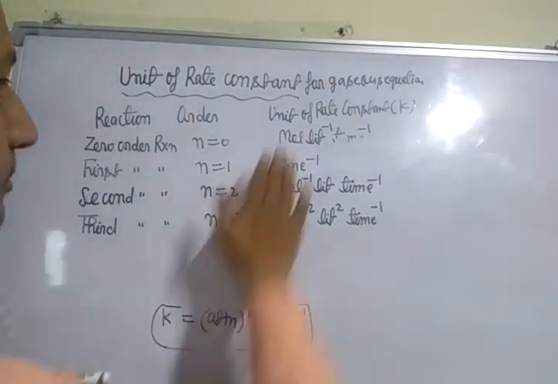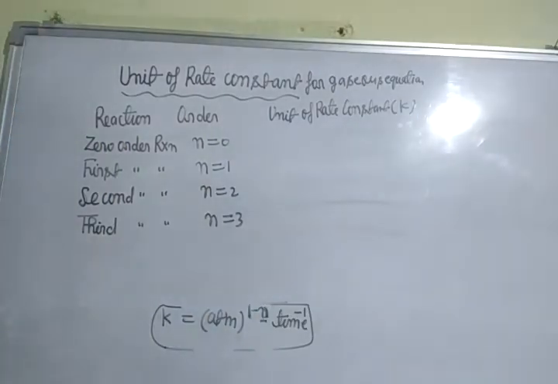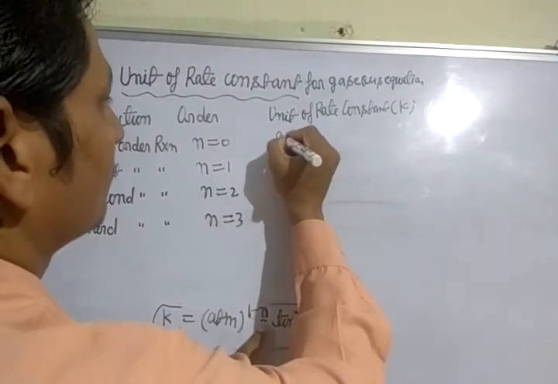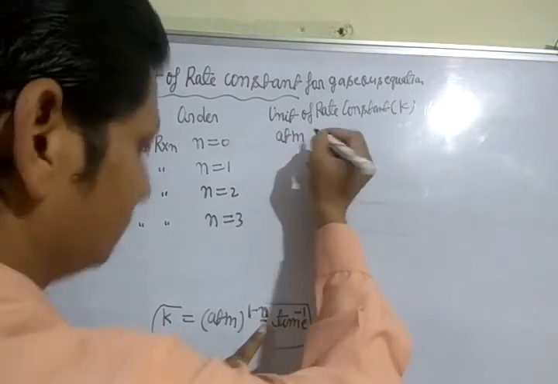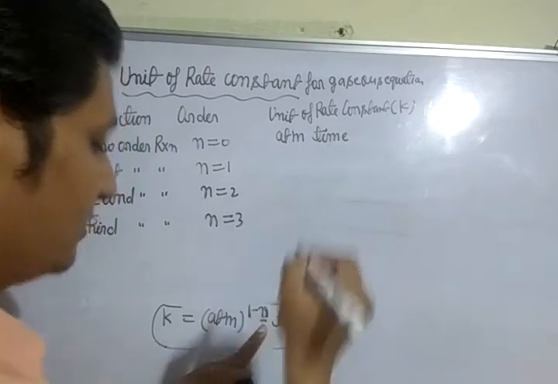So the unit of rate constant for gaseous equation: for zero order reaction we have to put here 0. We get ATM time inverse.